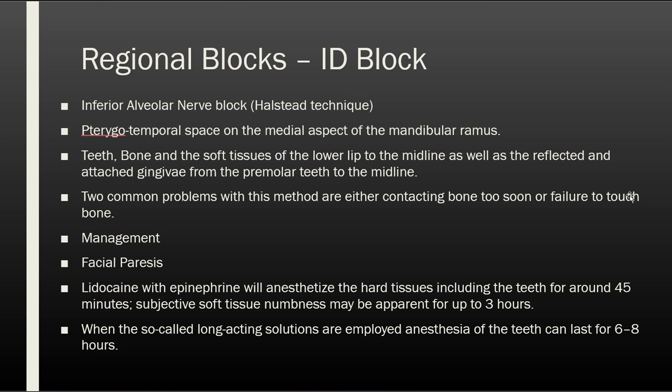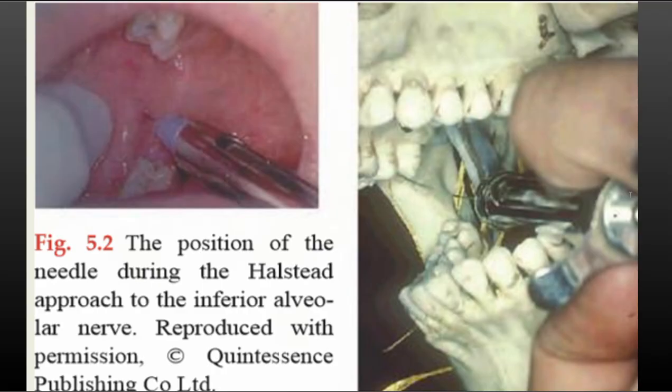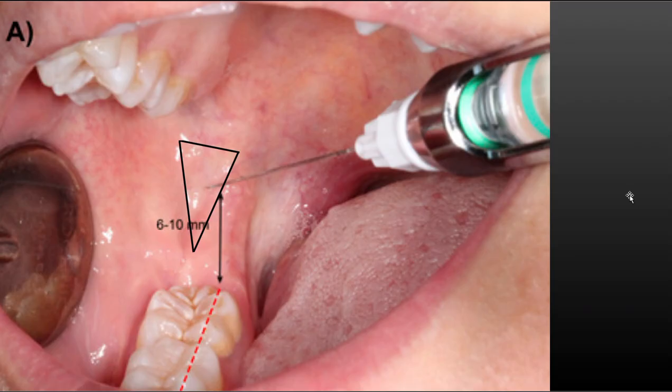Now, lidocaine with epinephrine would anesthetize the tissues for around 45 minutes and can remain for 3 hours for the soft tissues, while long-acting solutions can remain for 6 to 8 hours. Here is how we give it, around 6 to 10 millimeters above the occlusal plane.